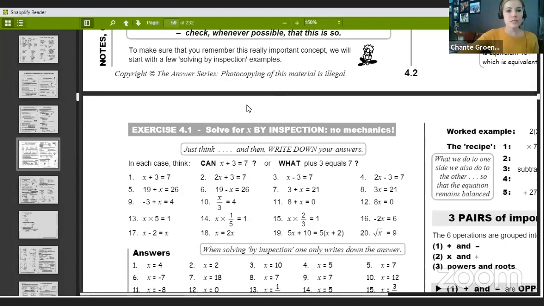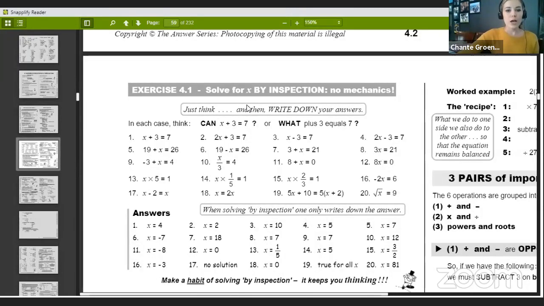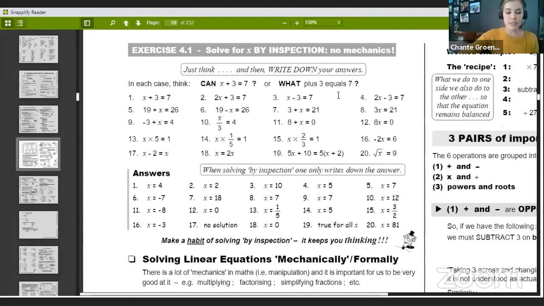Now, when we go to exercise 4.1, I want us to please do number 6, 11, and 16. I'll quickly just add this in the chat box so you know what to do.